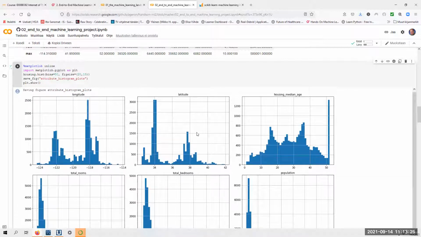Okay, longitude, latitude, those are clear. Housing median age, I guess it's people living there. For every year there is a bar that tells, for example, here that 20-year-olds are a bit over 400.